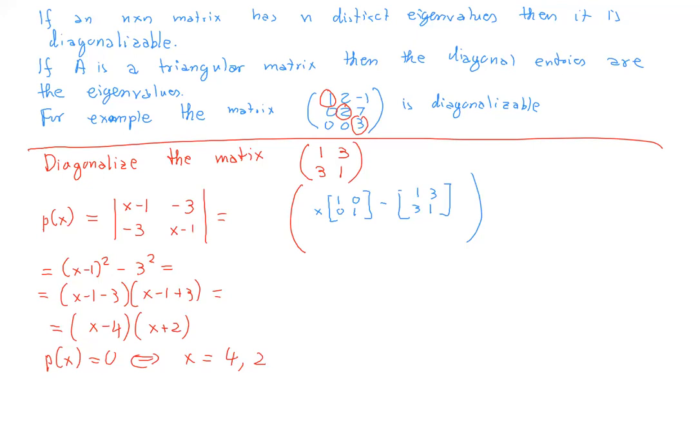So we expect our matrix to be similar to the diagonal matrix with entries 4 and negative 2, and zeros elsewhere. And of course, here there is the obvious question: what would happen if somebody decided that they don't want 4, negative 2, but want negative 2, 4?